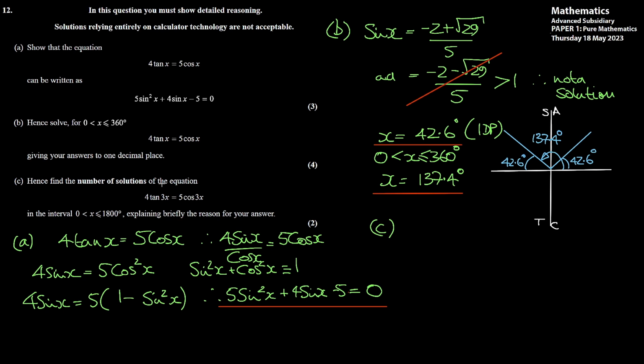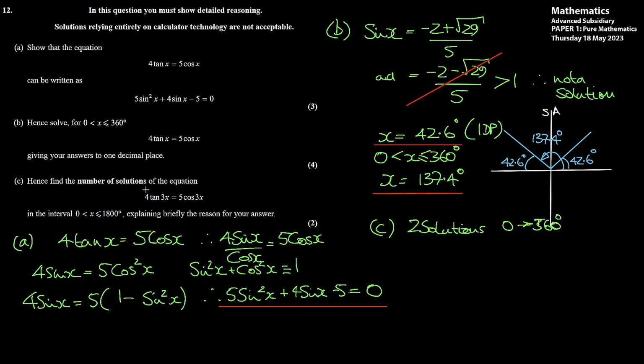Find the number of solutions of the equation tan 3x is equal to 5 cos 3x in the interval massively increased to 1800 degrees. So for our original equation, we have two solutions between 0 and 360 degrees.